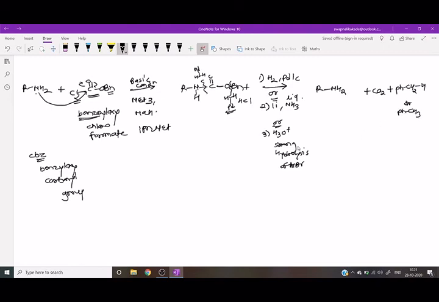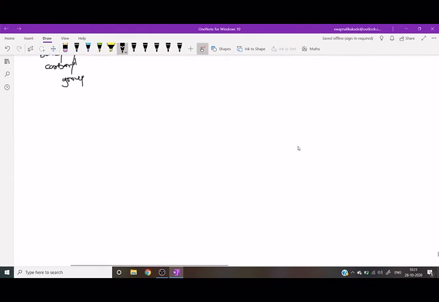The third method for protection of amine is by forming Boc. Third, Boc. Boc means tertiary butoxycarbonyl group. Substrate is amine.